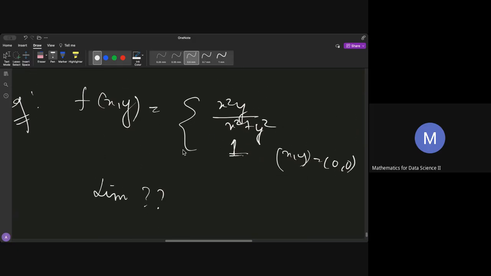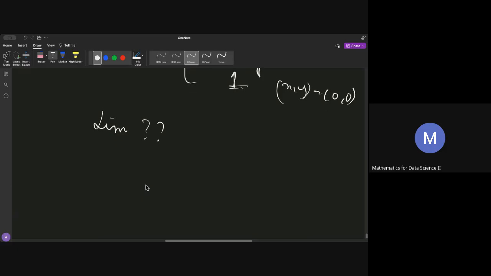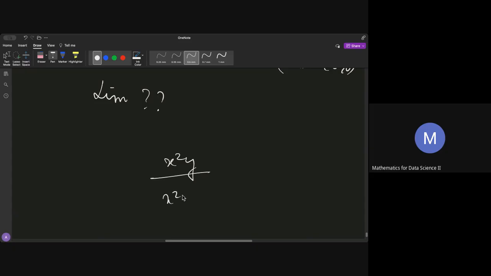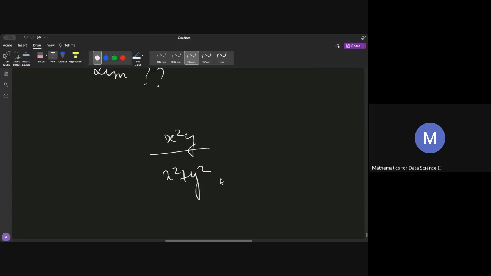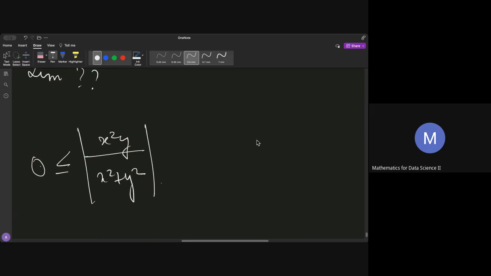If you have this function, let's have a closer look at what our function is, x square y by x square plus y square. Let's take the mod of this, and this is greater than or equal to 0, right?